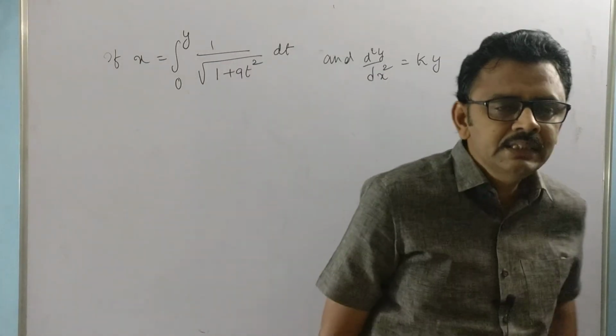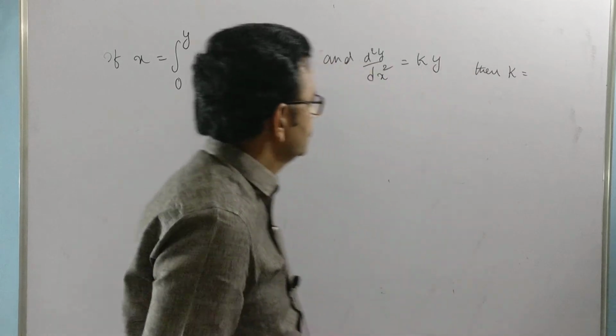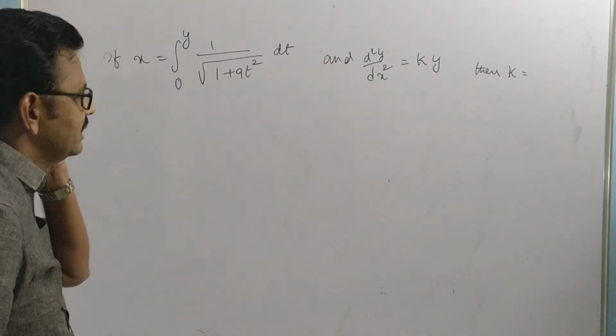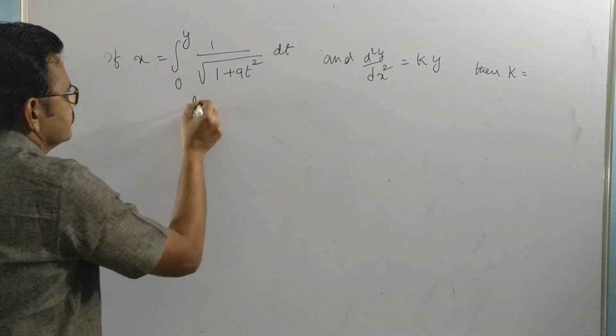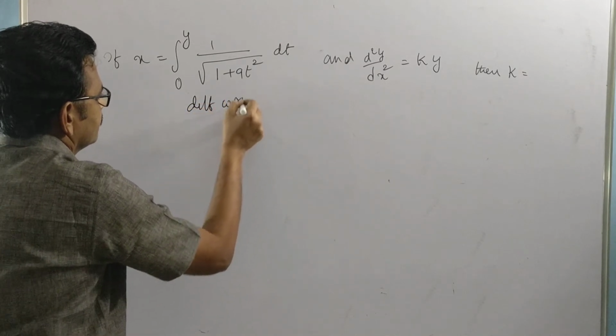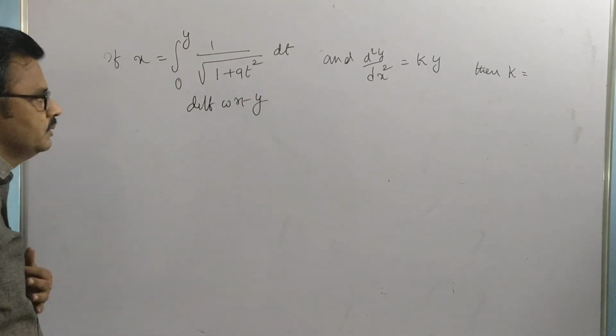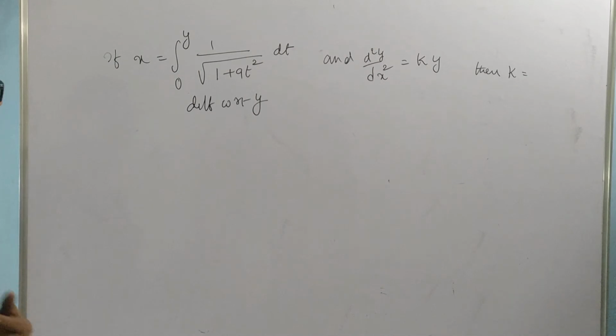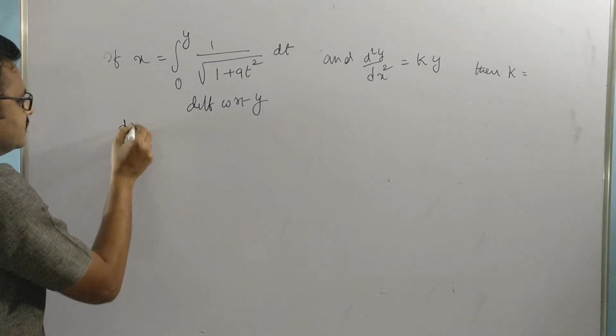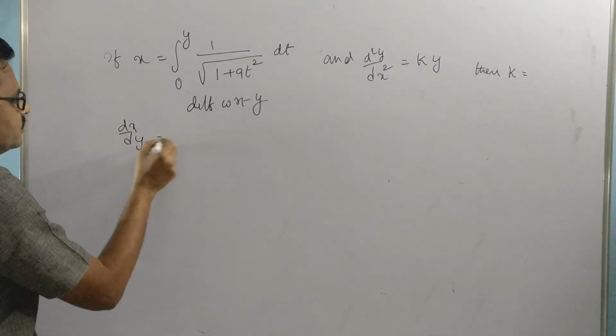Now the function x is given, so we are differentiating with respect to y. Differentiate with respect to y. This is dx by dy, again Leibniz rule.